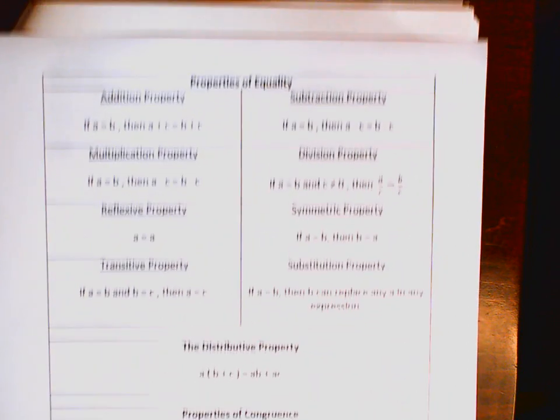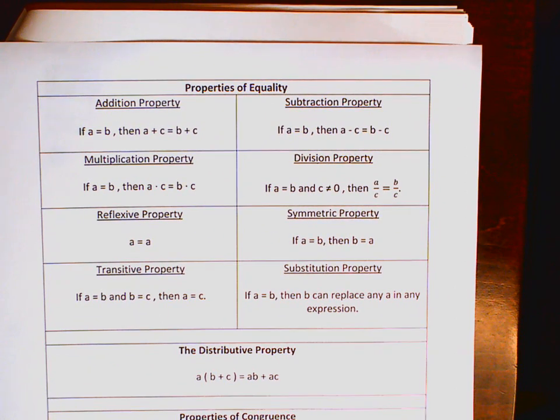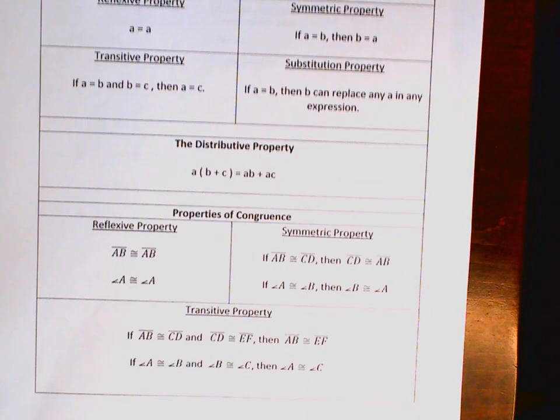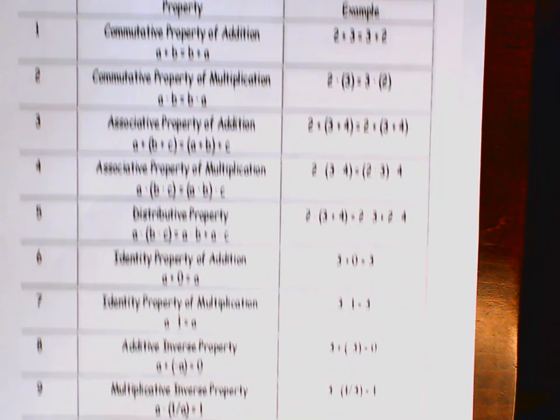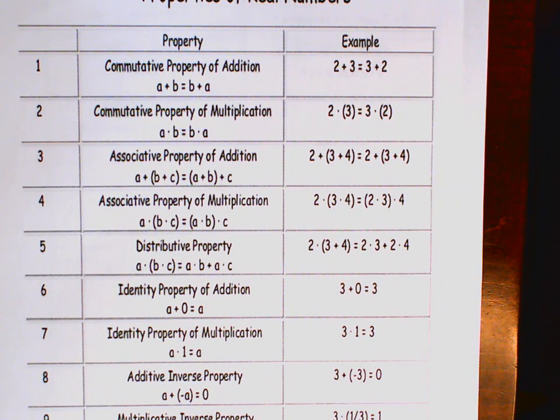Pretty much they're just the properties of equality, the distributive property, and some basics on properties of congruence, as well as some properties of real numbers that you should have learned in middle school, or in Algebra 1.